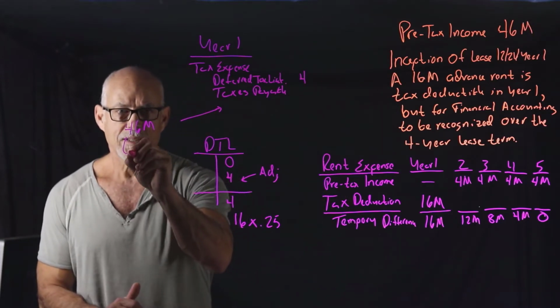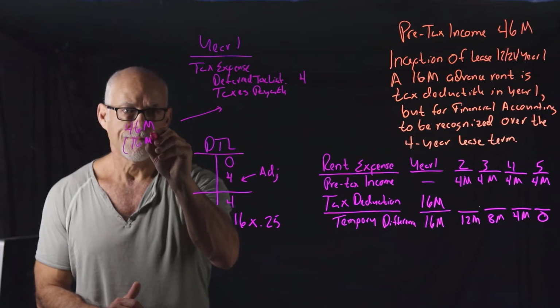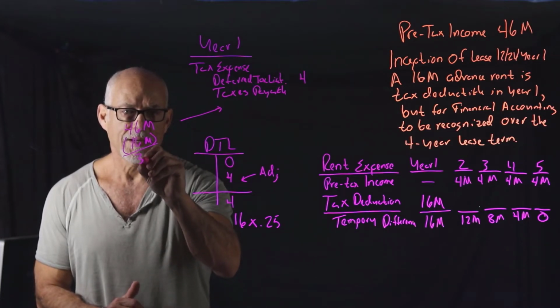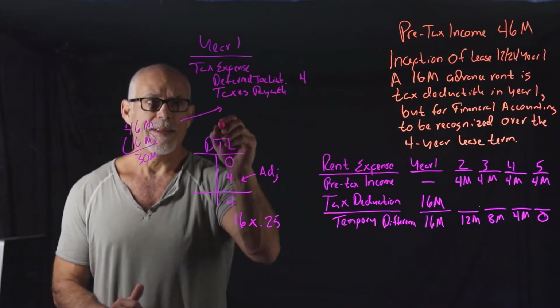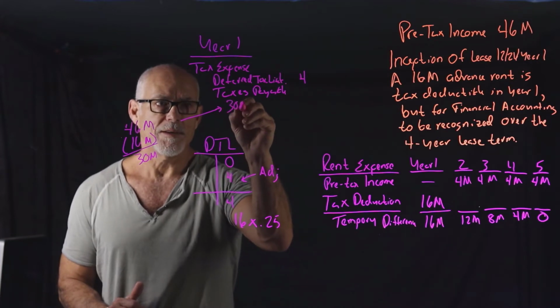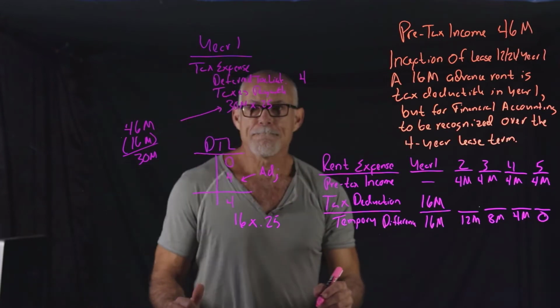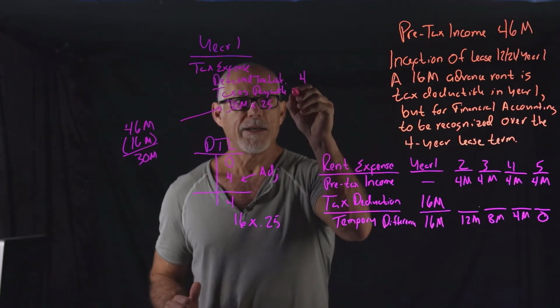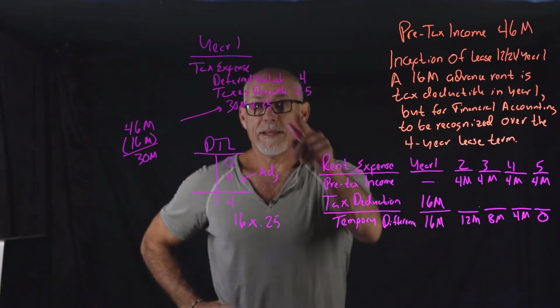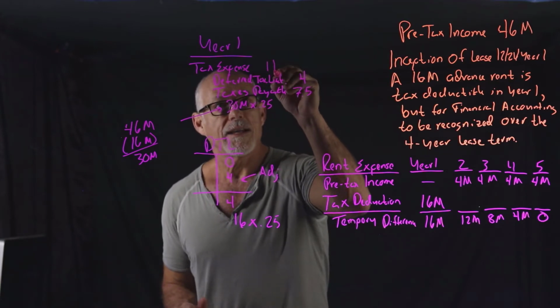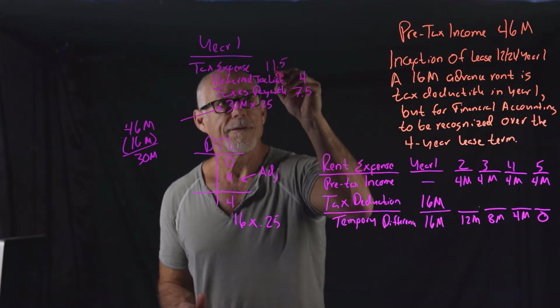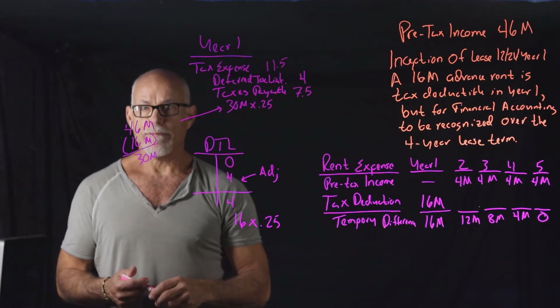However, I took this 16 deduction, and so that gave me taxable income of 30 million. And that's what I'm going to base taxes payable on. So 30 million times 0.25 gives me 7.5 million. And that then gives me tax expense at 11.5. Right? That's pretty straightforward, I hope.